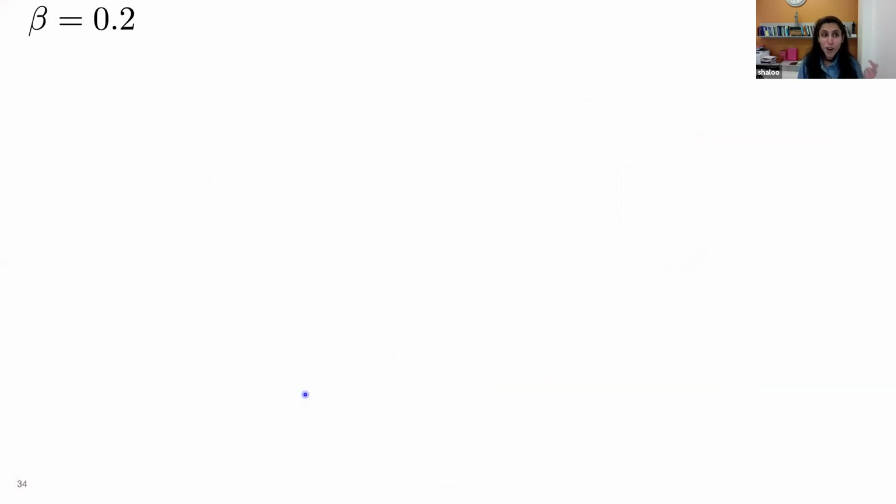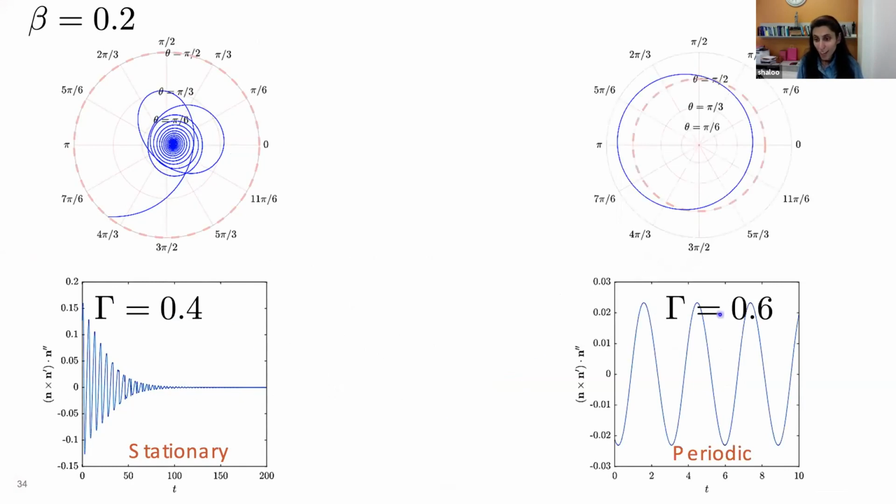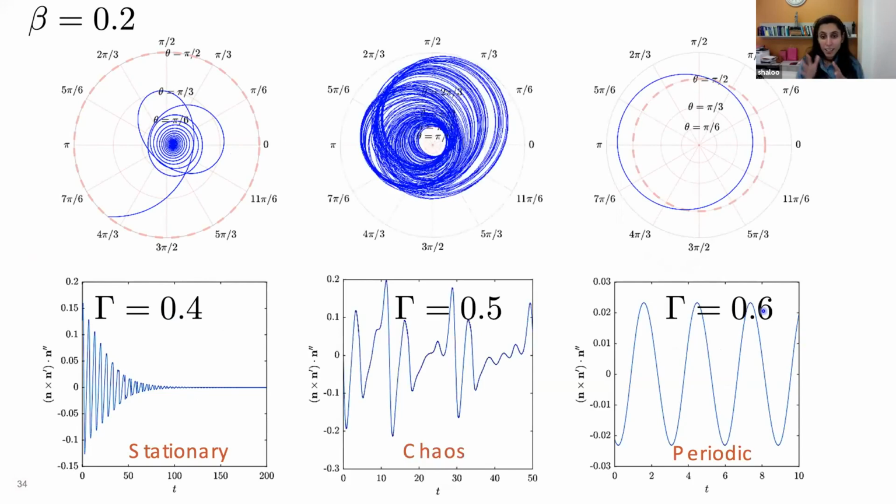But what we did was we looked at it by simulating it. So we fixed the damping and we said, okay, let's have a very small amount of current, and we get these stationary solutions of the Néel order. We put more current, gamma equal to 0.6, we get nice periodic solutions. And it is in between these two regimes where we get chaotic solutions, which is aperiodic in the long run. We get this dense topological mixing.